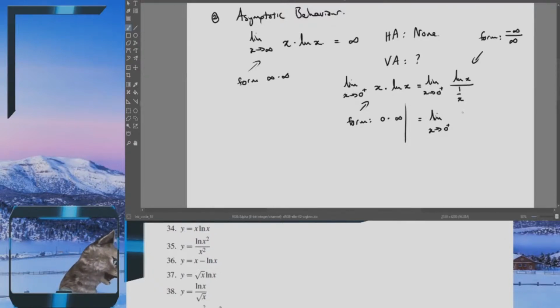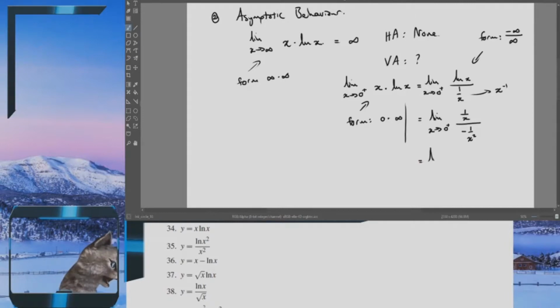Now, the derivative of log of x is 1 over x. The derivative of 1 over x, remember this is x to the negative 1, which has as derivative negative x to the negative 2, like so.